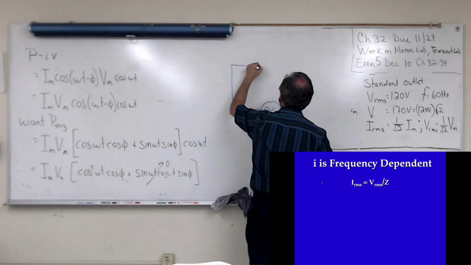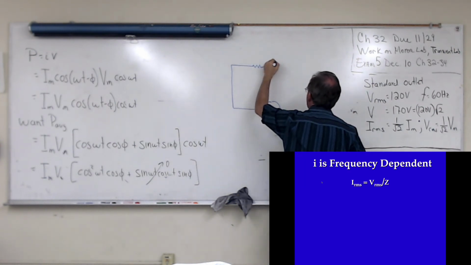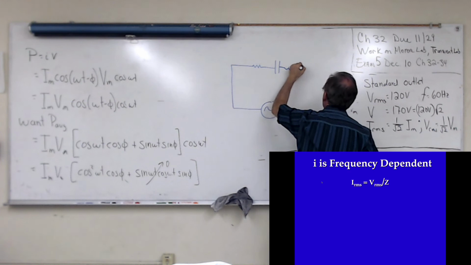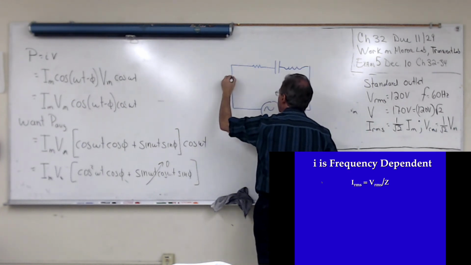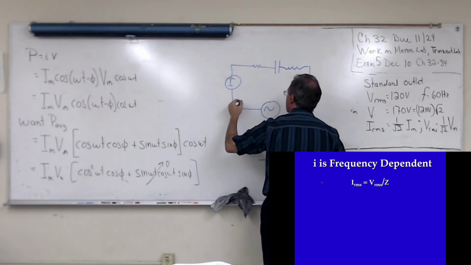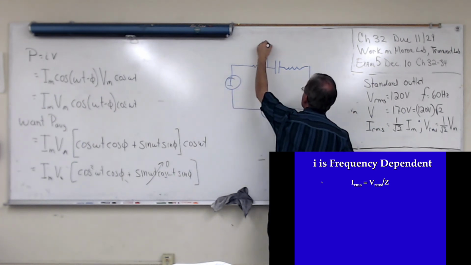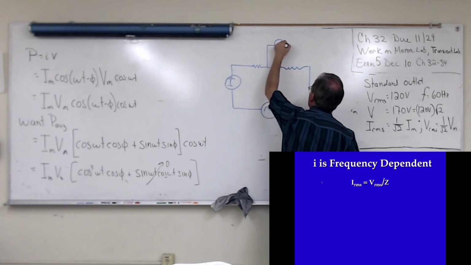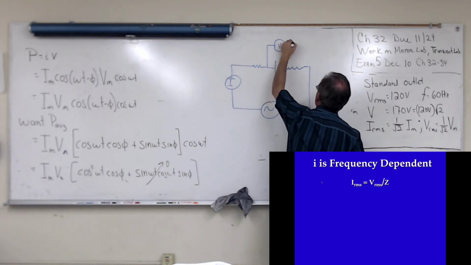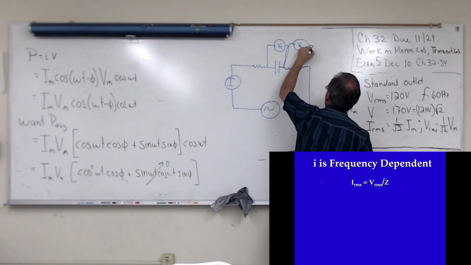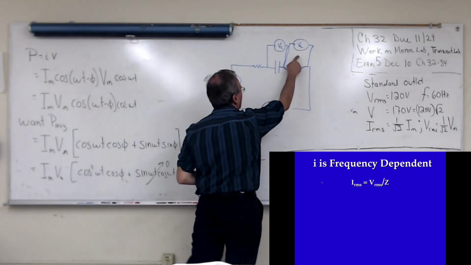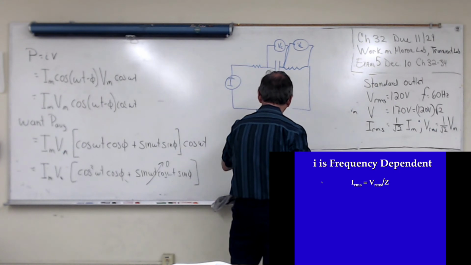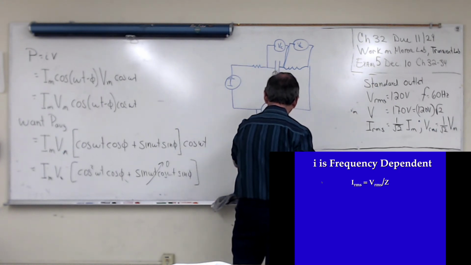You'll have a resistor. You'll have a capacitor, an inductor, and you're going to be measuring current. You're going to be measuring the voltage across the capacitor, and you're going to be measuring the voltage across the inductors. You're going to be measuring this, this, and this. You're also going to be monitoring the RMS voltage.